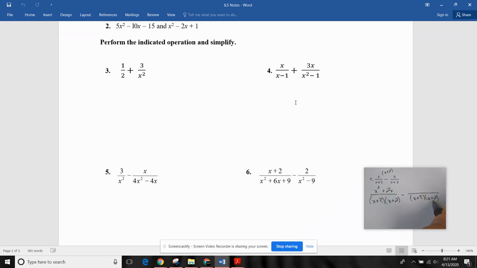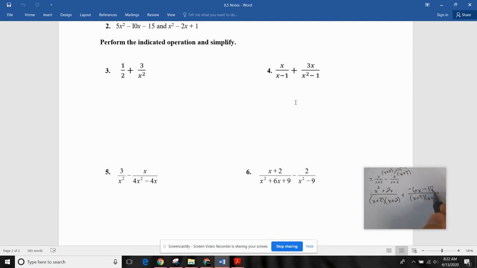To go from x plus 2 to my LCD, I had to take that times x plus 3. Now, real quick here, you're not just distributing a 6, it's a minus 6, right? So I have to distribute a negative 6 to that quantity. When I do that, remember the minus here. A negative and negative is going to become a positive. So I'll go plus, and then I'm going to distribute that negative: negative 6x and negative 18.